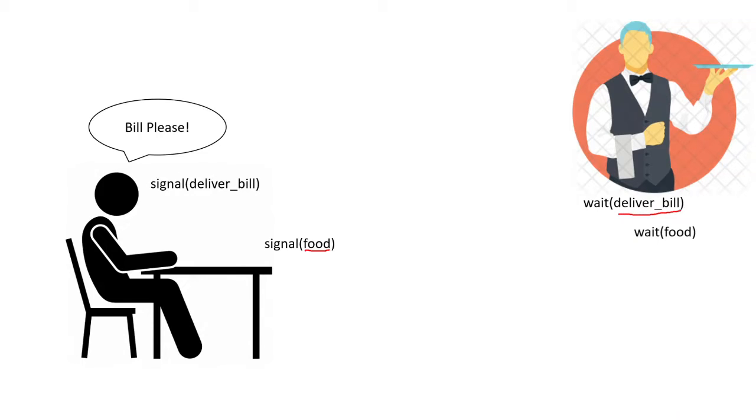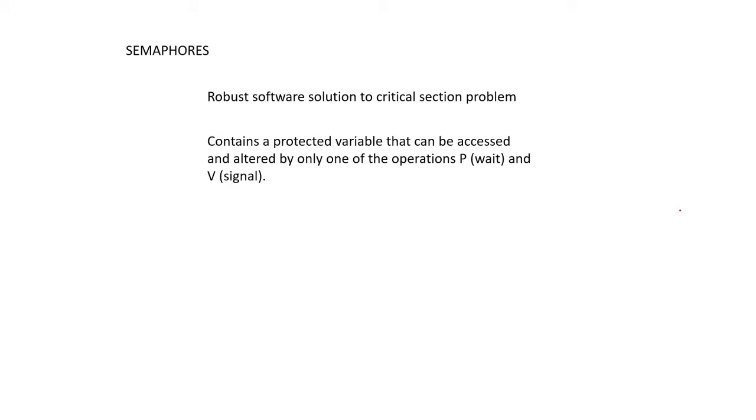So let's see how the code works in the case of semaphores. Now this wait code is like this: S indicates that S is a semaphore variable. In our case, let that semaphore variable be food. First, when you're trying to have your food, you will need to check if there is indeed any food on your table.